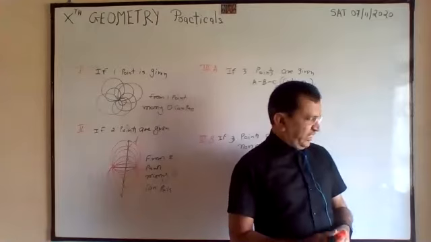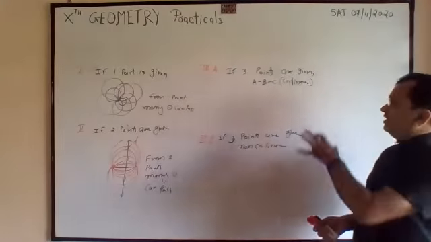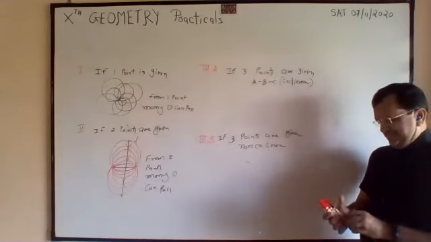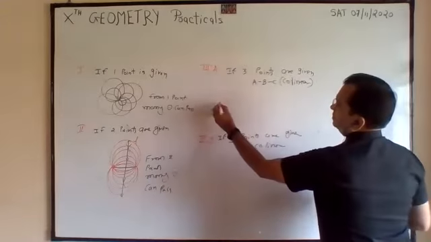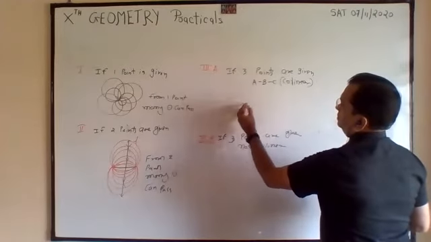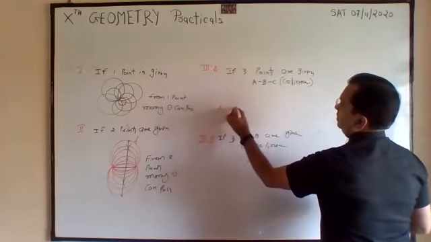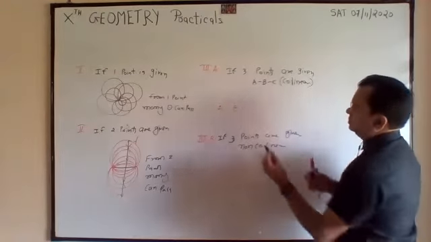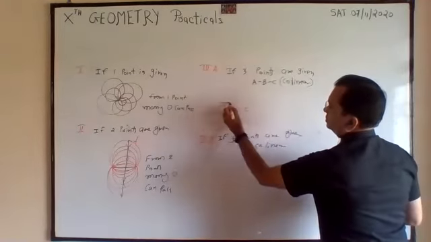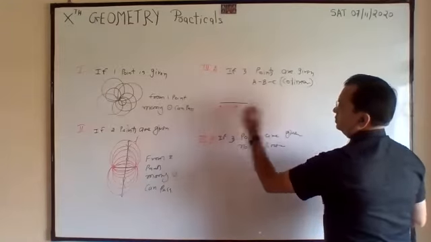Now it's time to check when 3 points are in a line, linear. A, B, C. So join these 3 points.